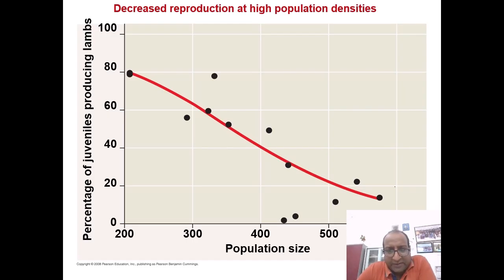If the population is 600, then the young ones will be 120, only 20%. And if the population is 200, then the young ones will be about 40%.